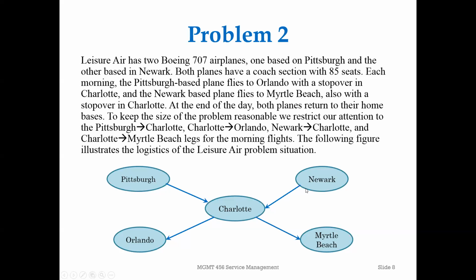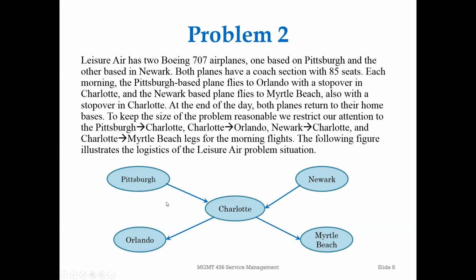Fourth, Newark to Charlotte, direct flight. Newark to Orlando, connection. Newark to Myrtle Beach, connection. The last 2 OD pairs, Charlotte to Orlando and Charlotte to Myrtle Beach, are both direct flights. So with only 4 different flights, you can serve 8 different origin-destination pairs.